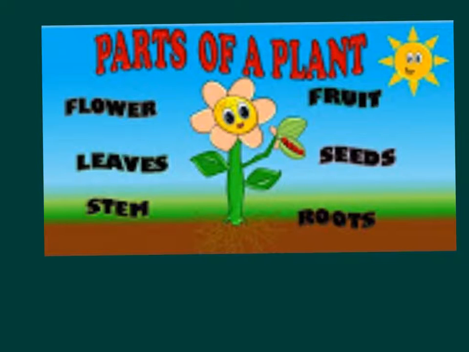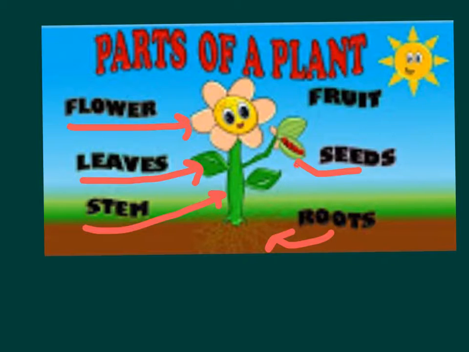We're going to talk about the flower, the leaves, the stem, the roots, the seeds, and the fruit. As we go through the lesson, each one of them has a vital part of what a plant is about, and one can't happen without the other. We're going to learn more about that as we go along in our lesson today.